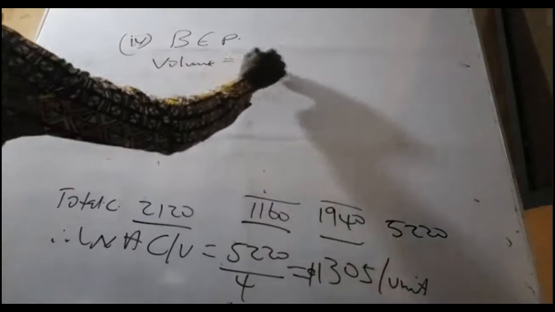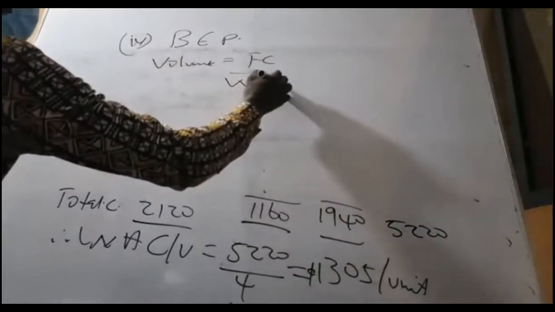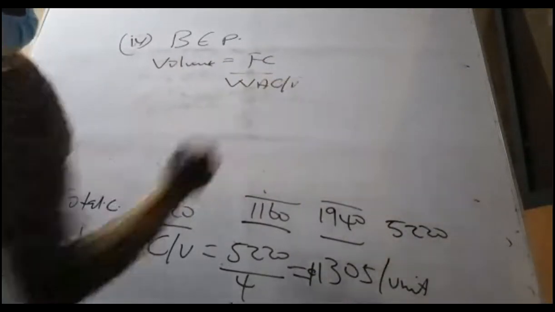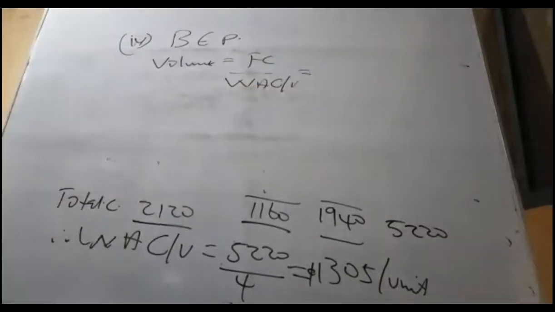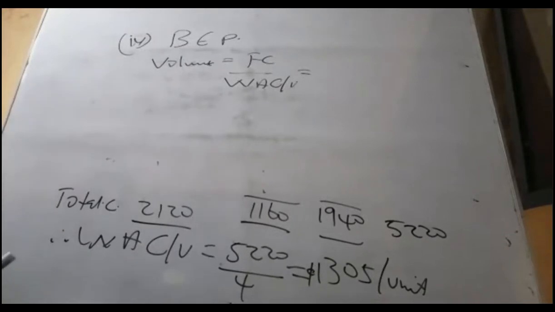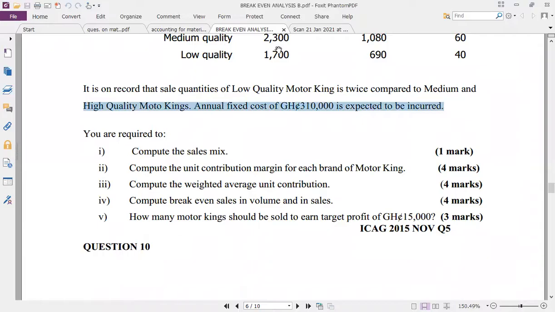It is equal to the fixed cost over our weighted average contribution per unit, right? What's the fixed cost here? You have to tell us the fixed cost. 310,000, right? Fixed cost is 310,000.